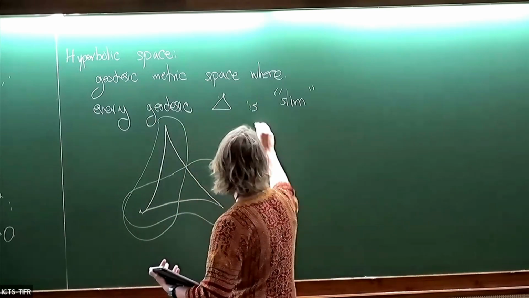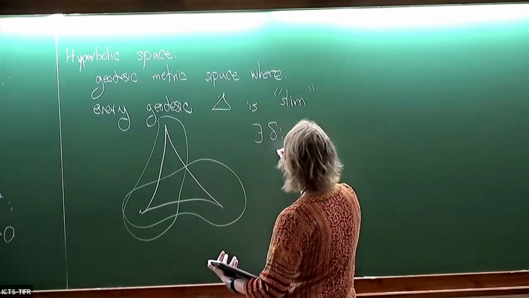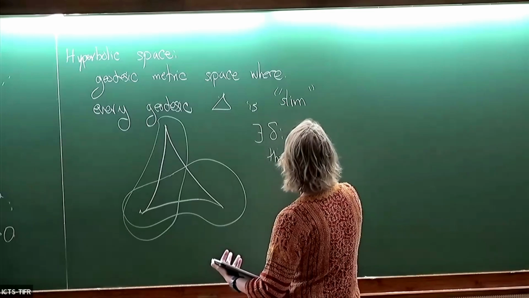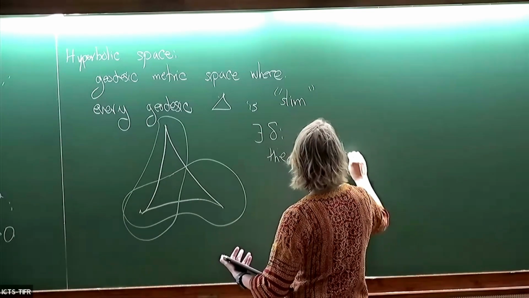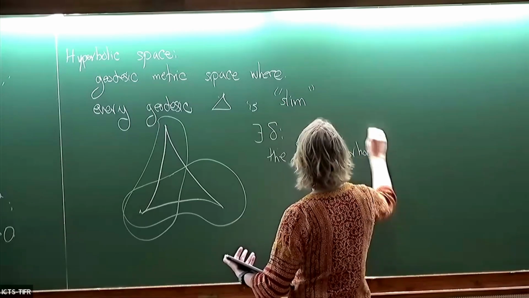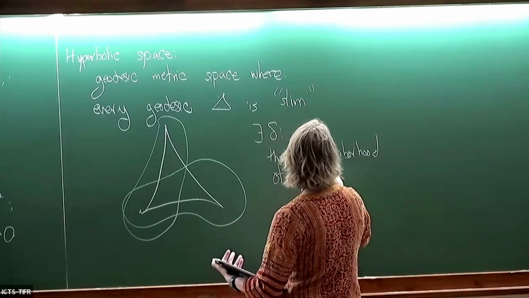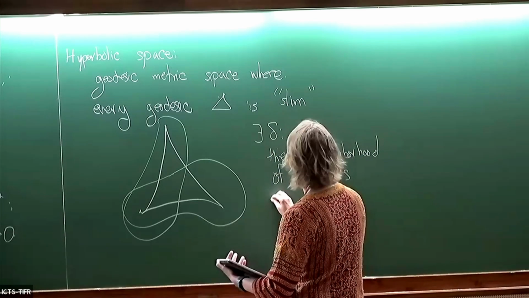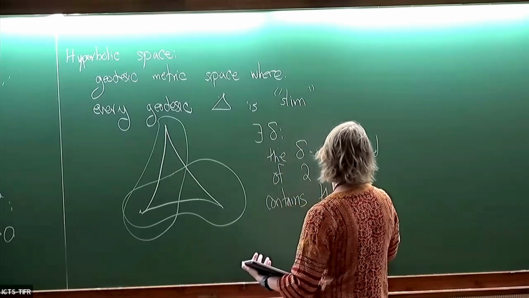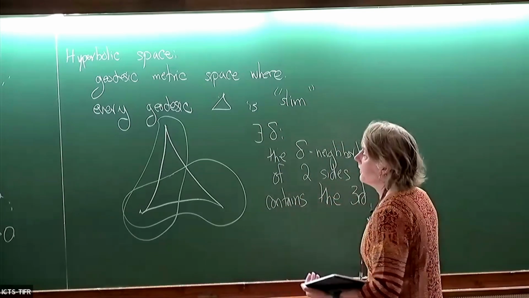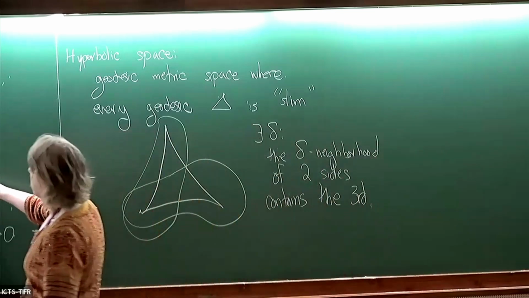That means there exists a delta such that the delta neighborhood of two sides contains the third.